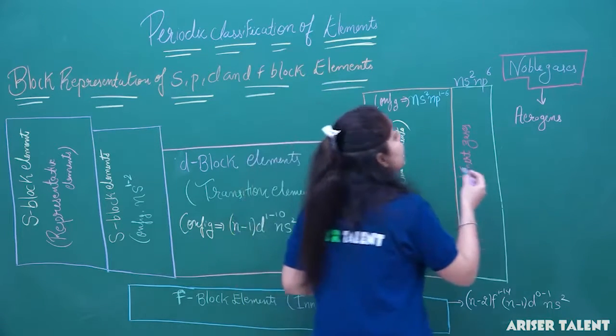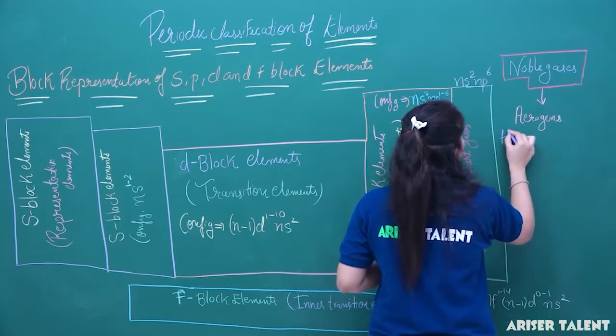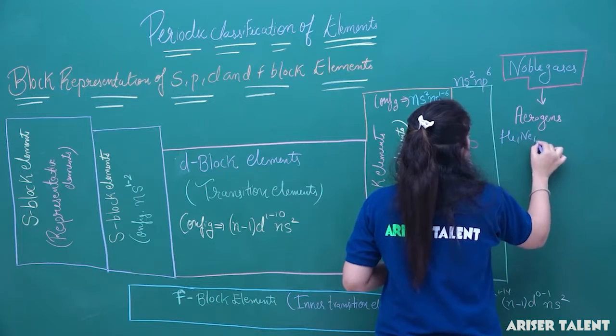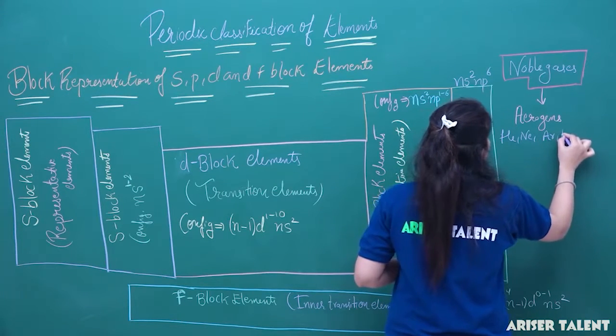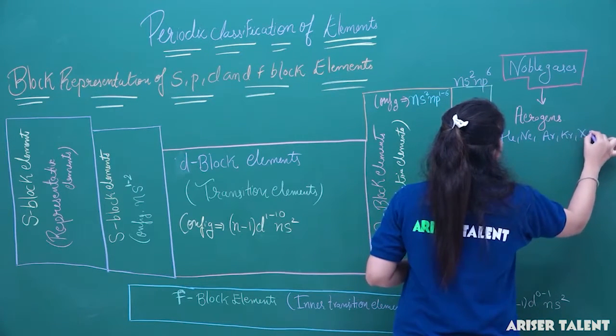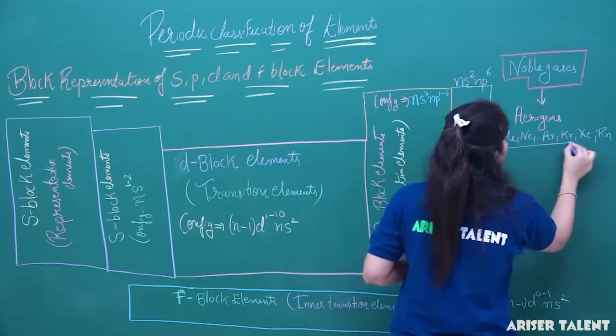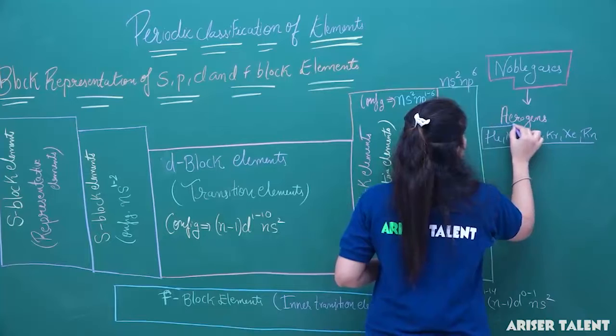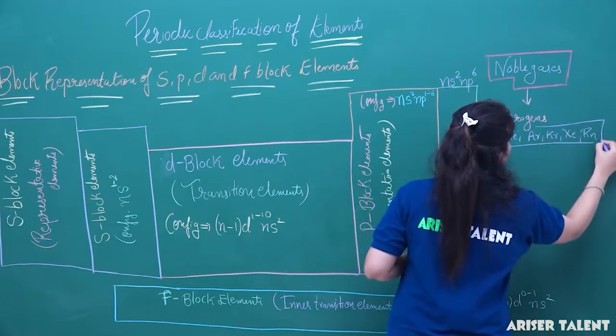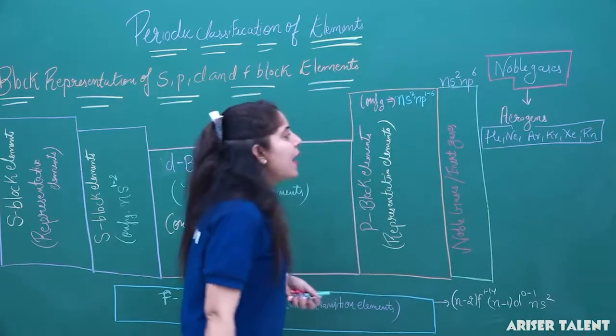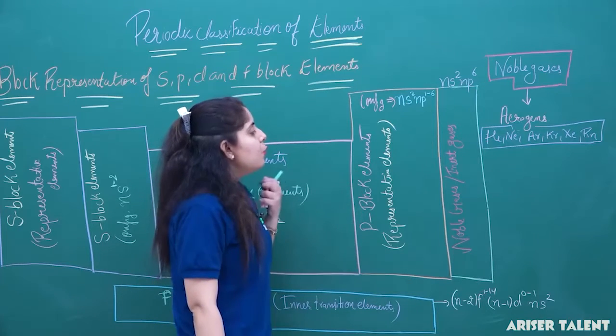And the noble gases we have are helium, neon, argon, krypton, xenon and radon. These are the noble gases we have, and these are known as aerogens. So, that is about the noble gases.